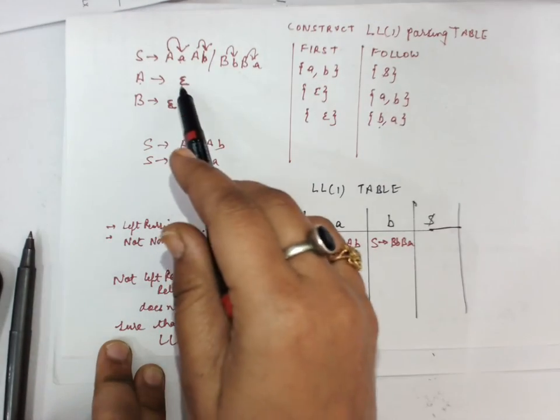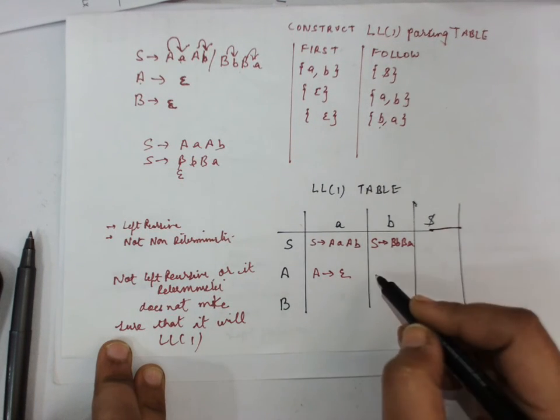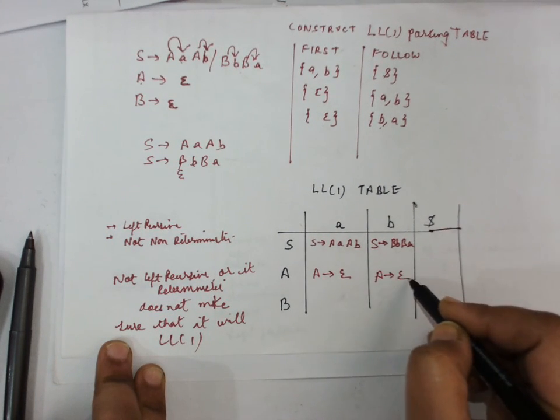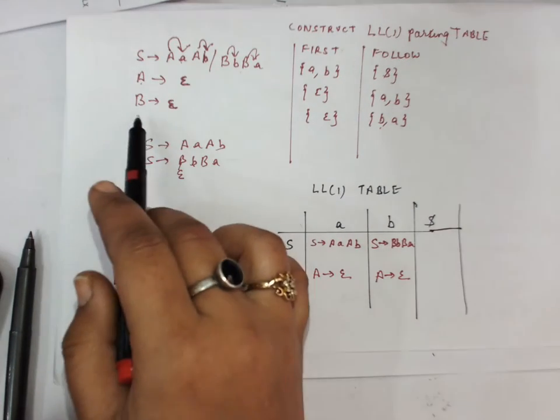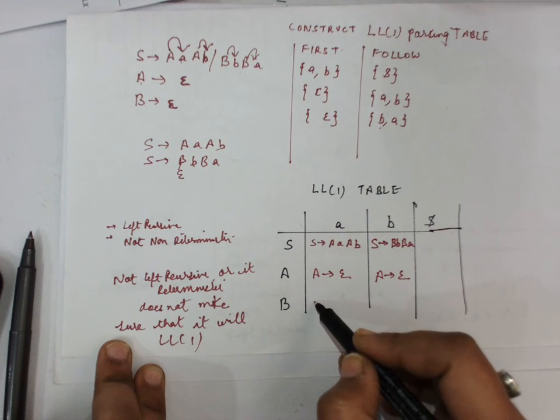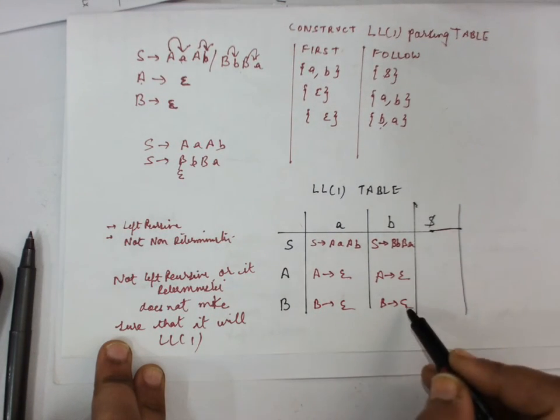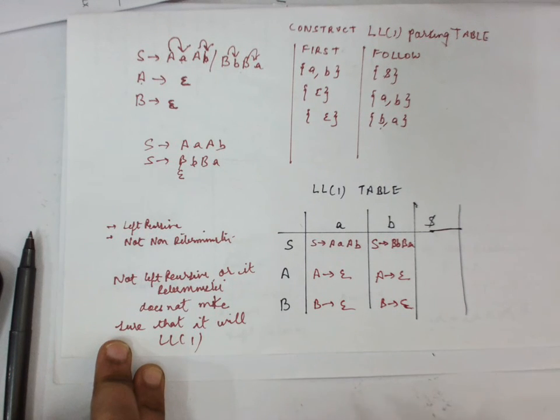So we will be writing A gives epsilon over here under a, and similarly under b also you will be writing it. Next again you have B gives epsilon, so again you will be writing B gives epsilon there. So this is how we are preparing this LL1 parsing table for this particular grammar.